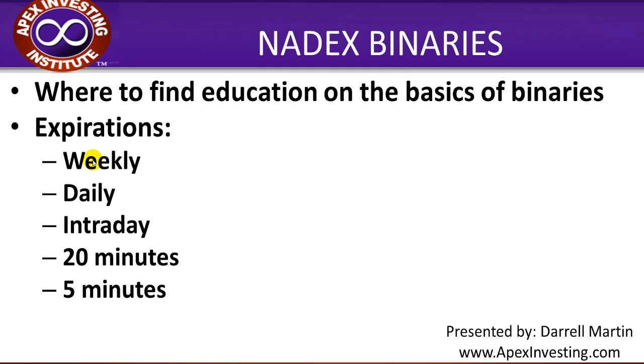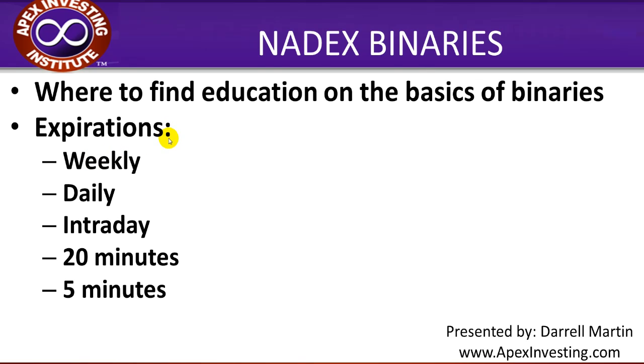Then they have 5-minute expirations on the pound dollar, euro dollar, Aussie dollar, and dollar yen, literally every 5 minutes from 6 p.m. to 5 p.m. They have basically the first 11 expirations, because the last one is the expiration of the hourly, the intraday one. So there's a lot of expirations on Nadex that you can choose from.